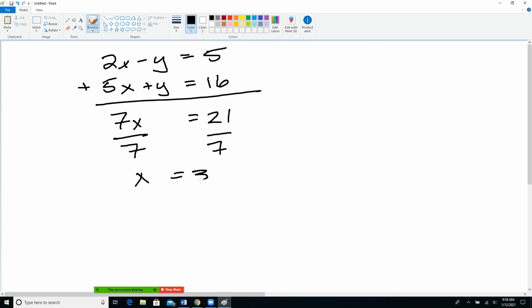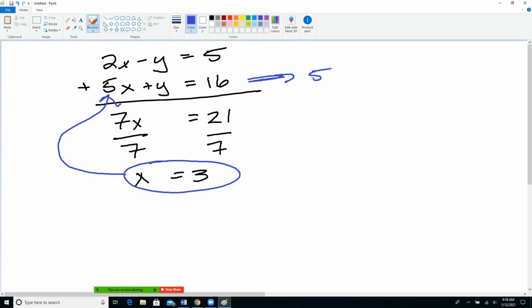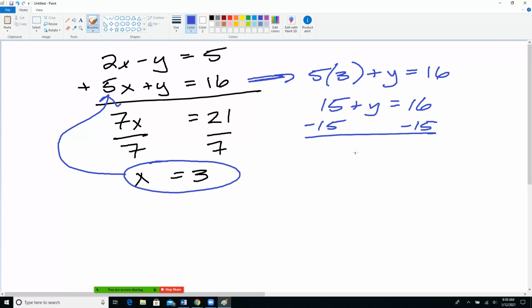So x equals 3. Then I take that and I just plug it back in. So I get 5 times 3 plus y equals 16. 15 plus y equals 16. Y equals 1. So now that my x equals 3, my y equals 1.